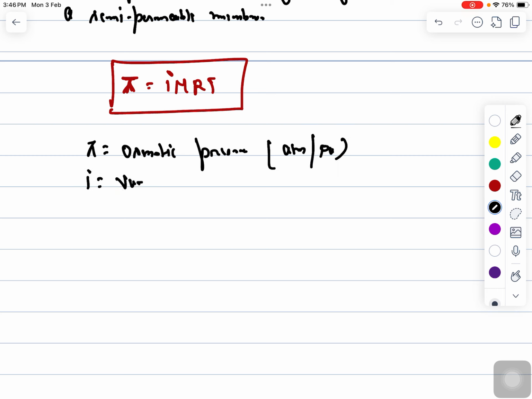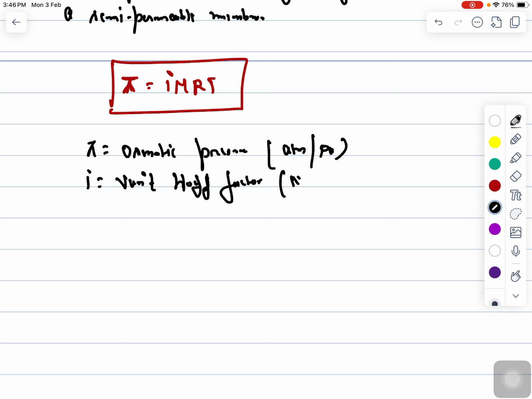i is called as Van't Hoff factor, and it depends upon whether there is dissociation or association of particle, right?